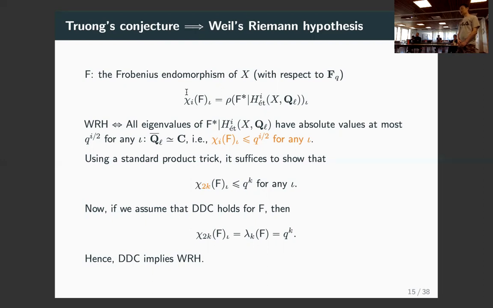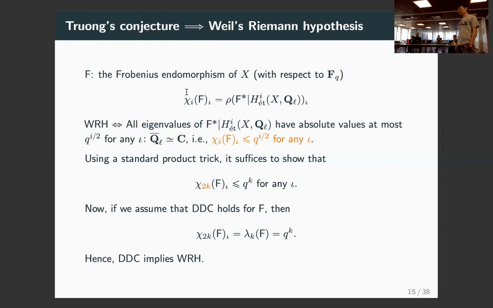Because this is just the spectral radius, the Riemann hypothesis is equivalent to the following: all eigenvalues of the Frobenius action on the i-th cohomology group have absolute values at most q^{i/2} for any field isomorphism.